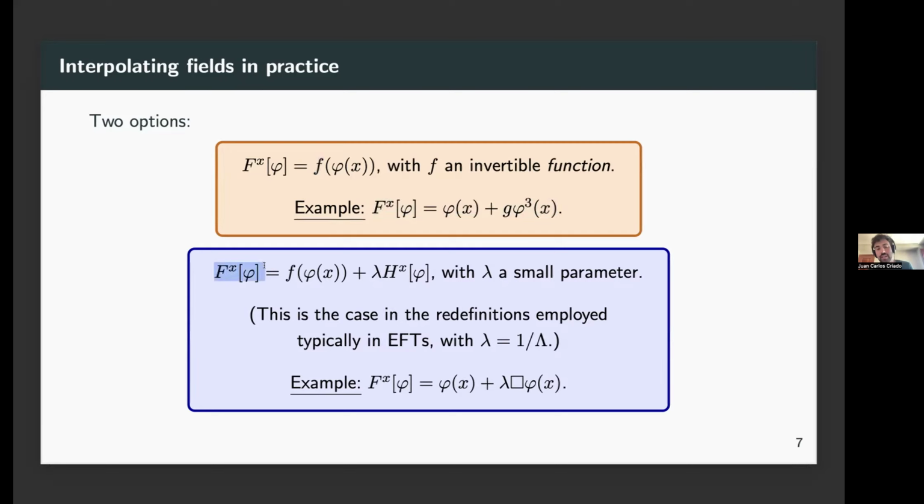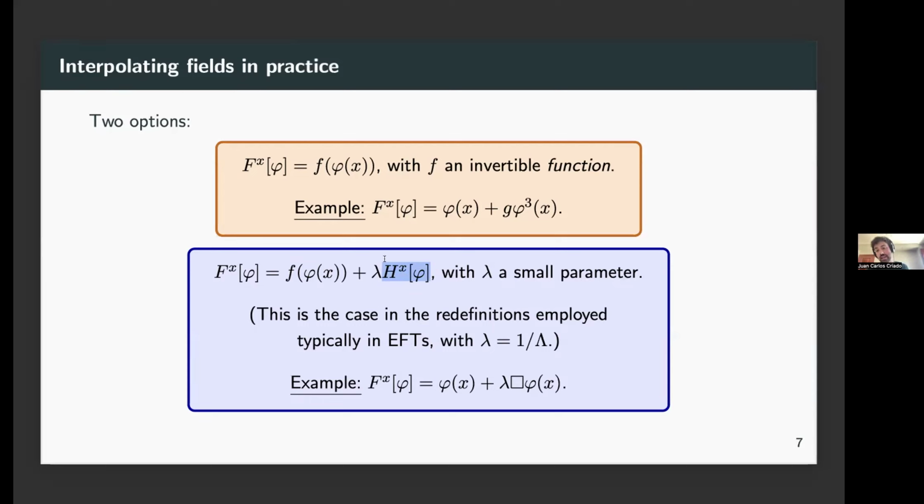So you can have a field redefinition that has, typically, this is just phi, but you can have something more complicated as long as it's an invertible function of phi. And then plus a small parameter times an arbitrary operator. And in here, you can have something that's not invertible, square roots, derivatives, etc. As long as lambda is a small parameter, and you expand everything in the theory as a series in lambda, this is a valid field redefinition.